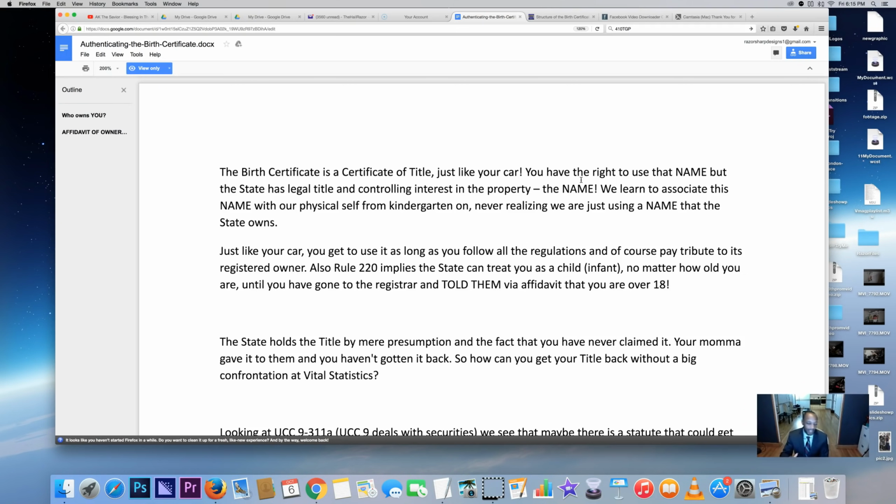The process is to gain ownership of your corporate entity. The purpose of gaining ownership of the corporate entity is to gain interest of the corporate entity. Other than that, it'd be pointless.